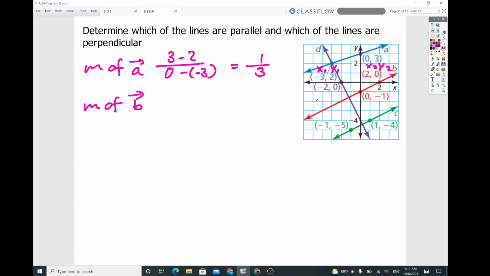Using the formula, x2 minus x1 for the denominator, so 2 minus 0. And then the top, y2 minus y1, so 0 minus negative 1. What we found here is positive 1/2.